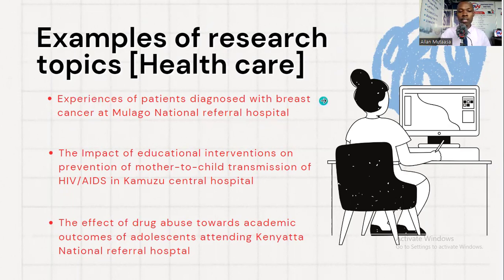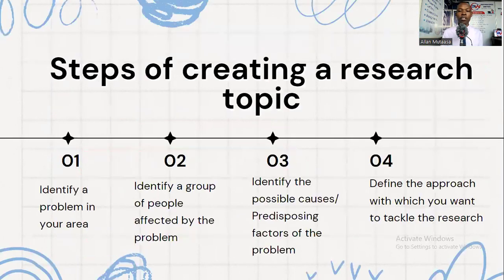What is causing the experiences is diagnosis with breast cancer, because you're diagnosed with breast cancer, and then you're going to get all those bad experiences that you can get. Then you can look at the impact of educational interventions on prevention of mother-to-child transmission. So educational interventions and then prevention of mother-to-child transmission. So I am trying to explain the variable, and I think you're trying to pick. So in your topic, make sure your variables are very, very clear. You have the variables, you have the study area, you have the study population, all there.